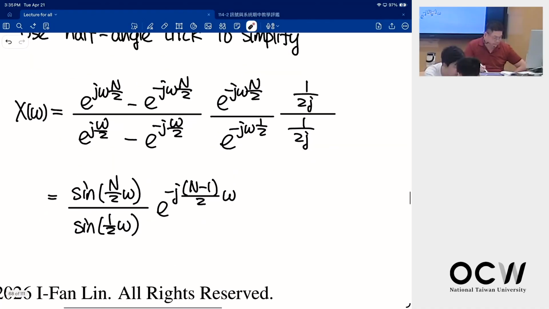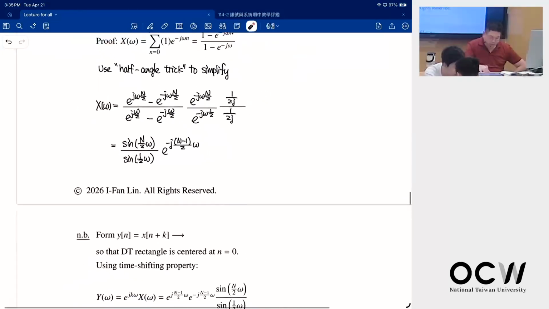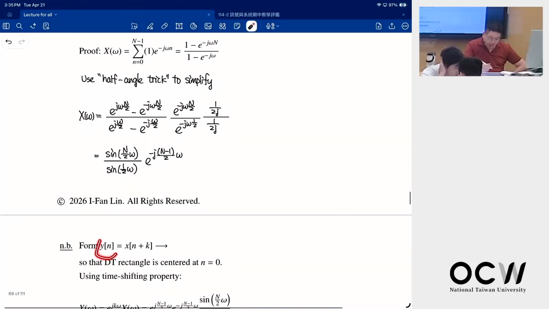Now I just form this signal y, y[n] is x[n plus k]. That means I shift to the left by k.